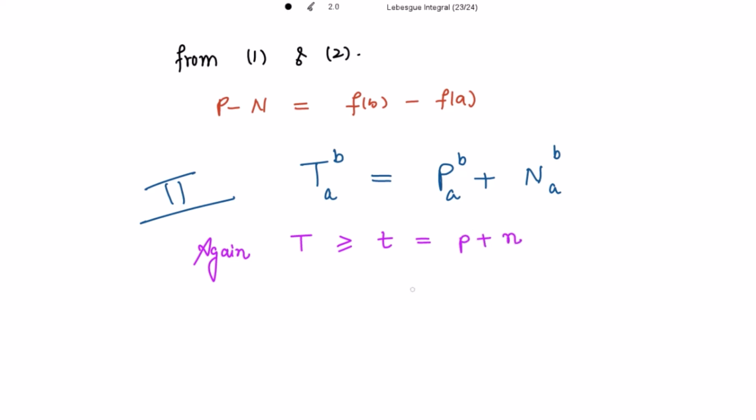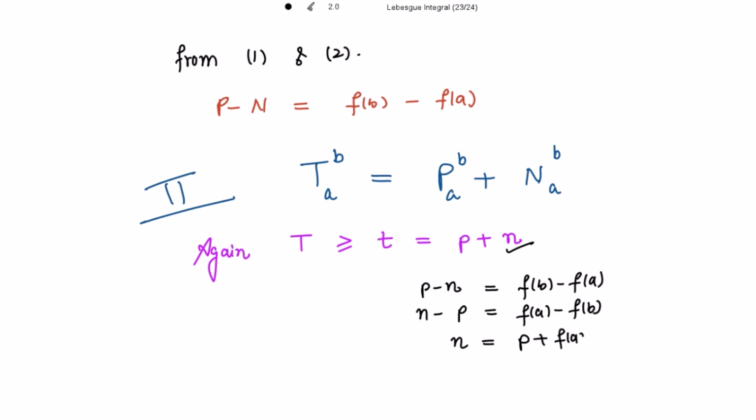Now because I know that the difference of P and N is equal to f(b) minus f(a), or we can also write N minus P equal to f(a) minus f(b), right? I need the value of N. So from here I get N equal to P plus f(a) minus f(b), right?